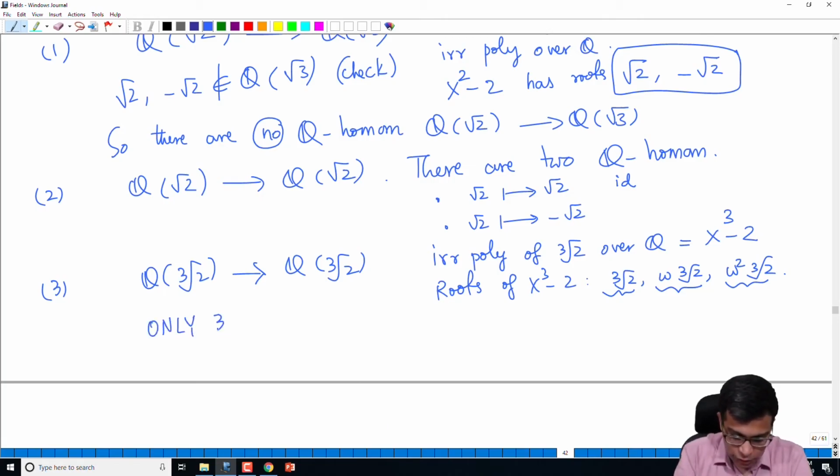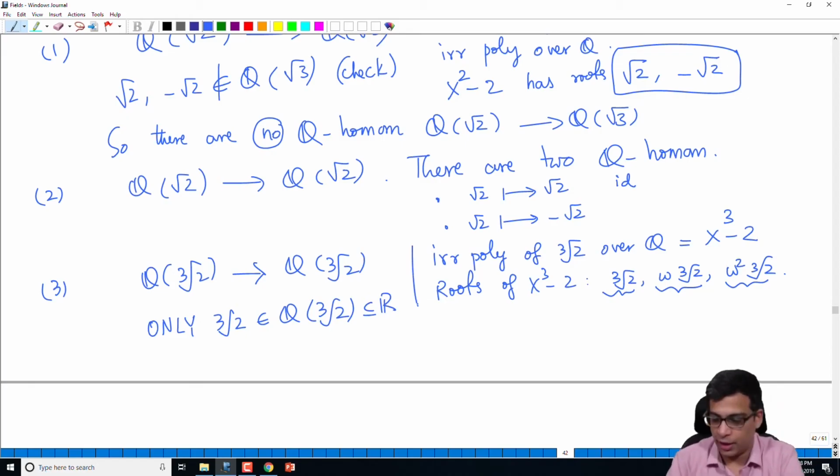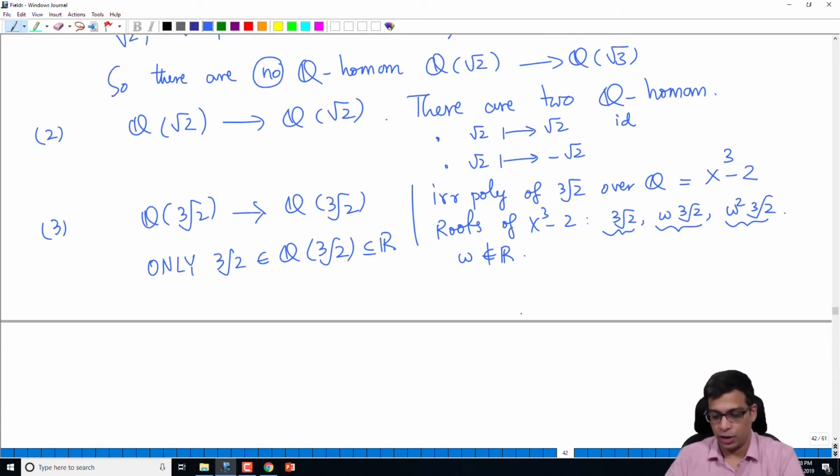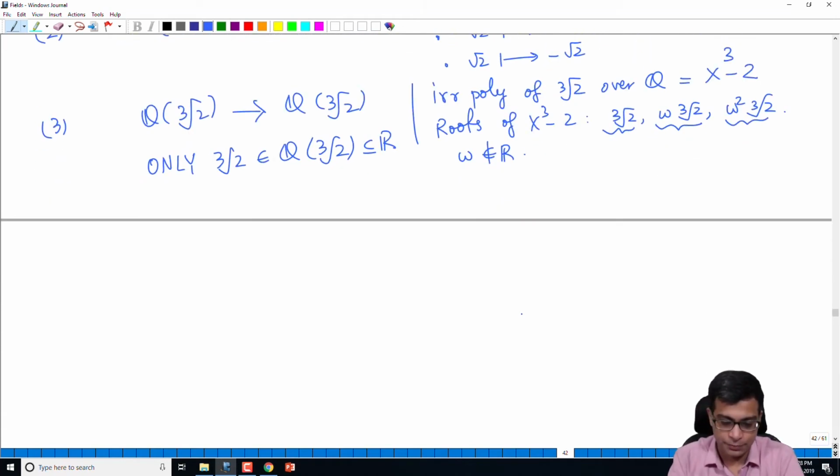Only cube root of 2 is in Q adjoined cube root of 2, because we know that this is a real field. This is contained in R, whereas omega is not in R. Right? Omega is a purely complex number. It's not in R. So there is only one possible image for cube root of 2.